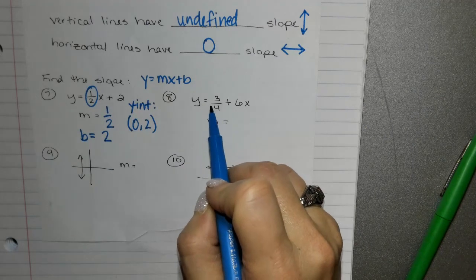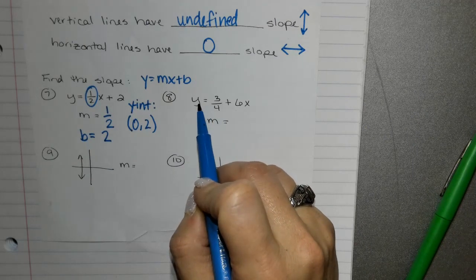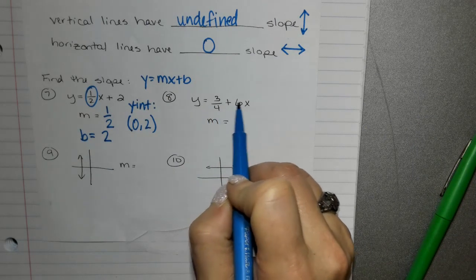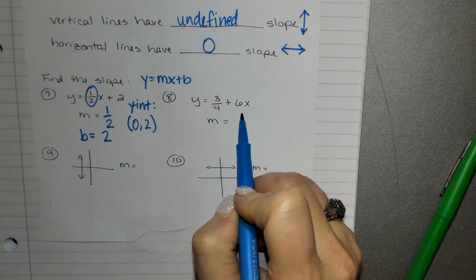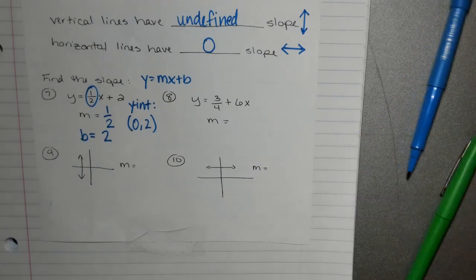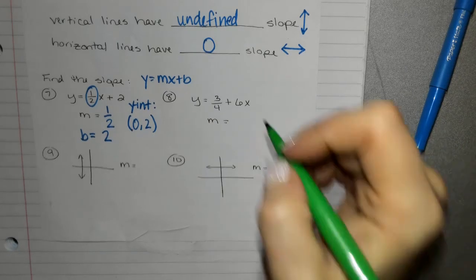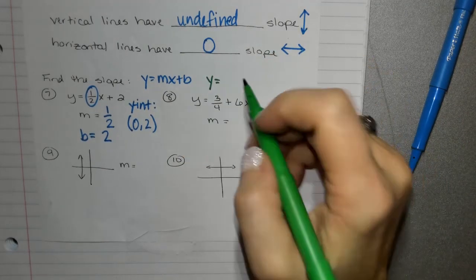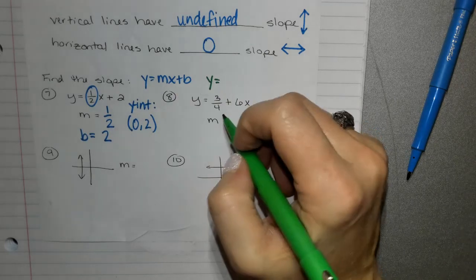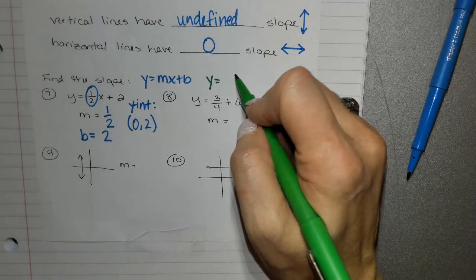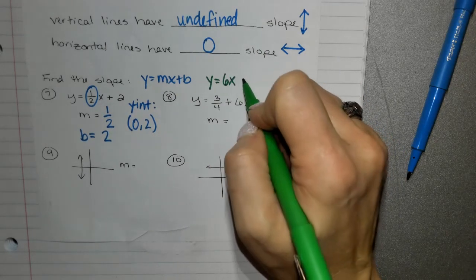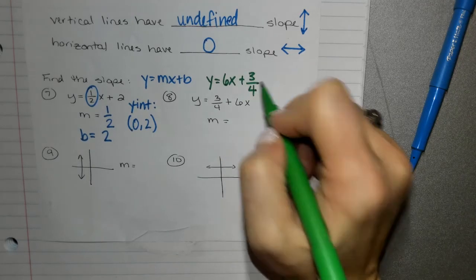Here we have y equals 3/4 plus 6x. They're trying to trick us here because they're putting things out of order. Let's rewrite this to make this nicer so we can put it back in y equals mx plus b form. Let's just say 6x plus 3/4. That's the same thing.